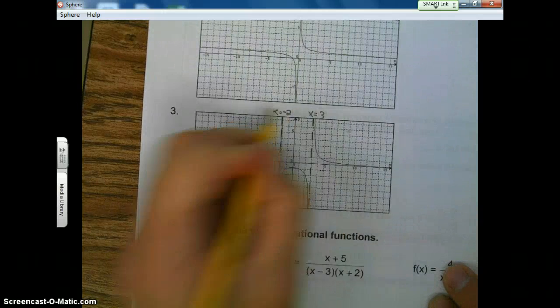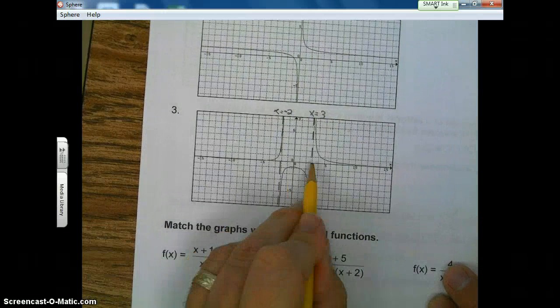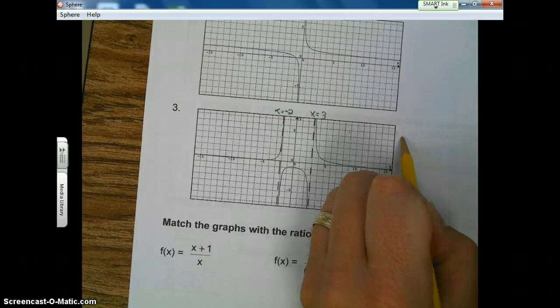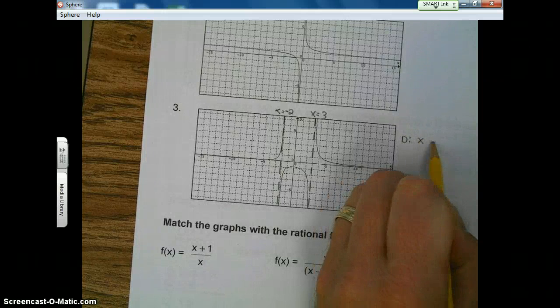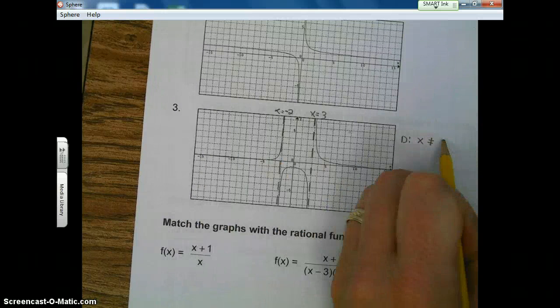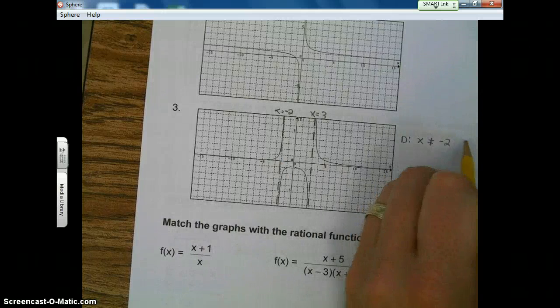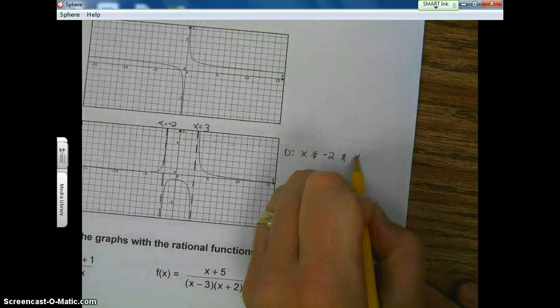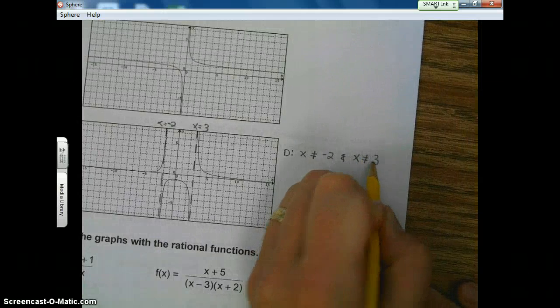Okay? So that would mean we'd have 2 domain exceptions. Okay? So our 2 domain exceptions would be x cannot equal -2. Okay? And x cannot equal 3.